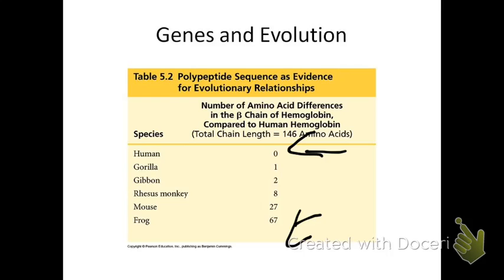Of these organisms, which one's going to be most closely related? In this case, they were saying that gorillas would be. So it is only one gene difference, or one nucleotide sequence difference, in a total chain length of 146 amino acids. So the further you get down this chart, the less likely there is any type of relationship.